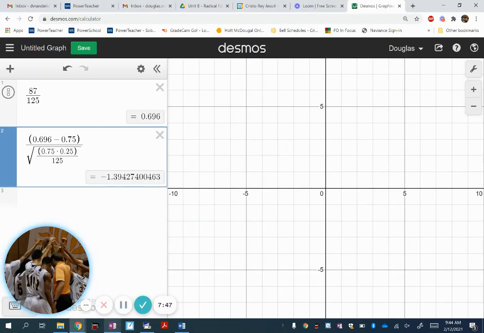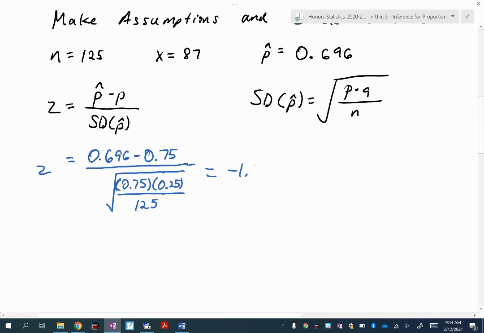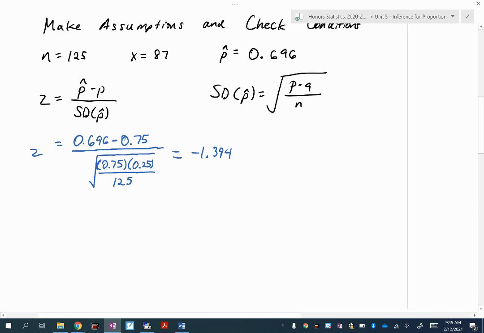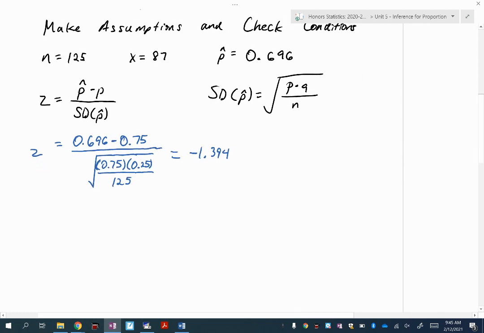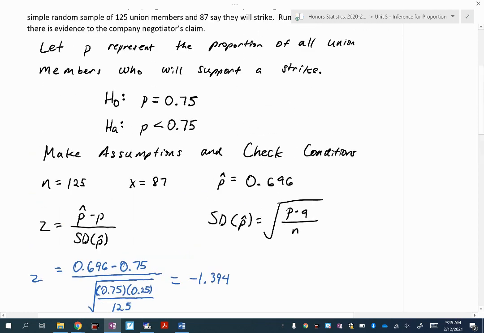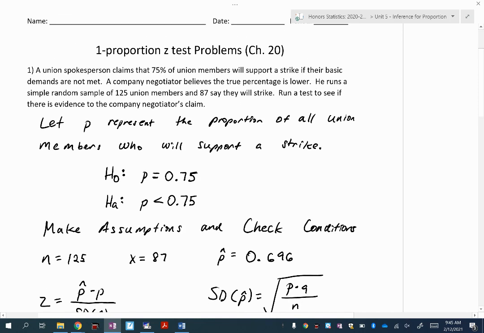All right, so the z-score is negative 1.394. It does, yes, because basically, remember what Cecilia said about the alternative hypothesis, right? The company negotiator believes the percentage is lower, so we're trying to see if this is actually what we should go with, something below 75%.